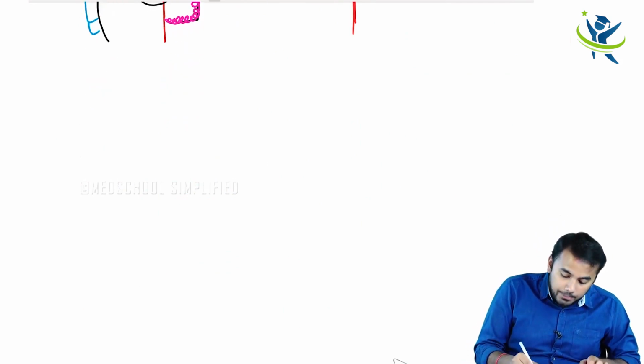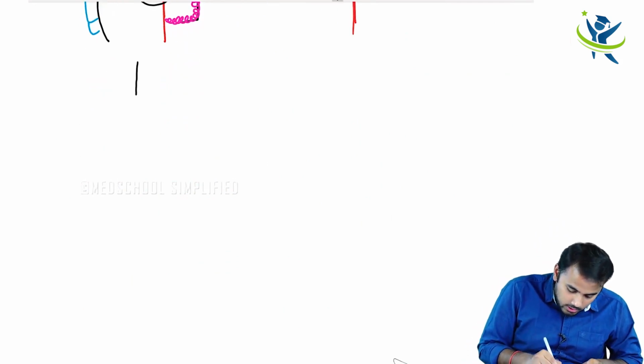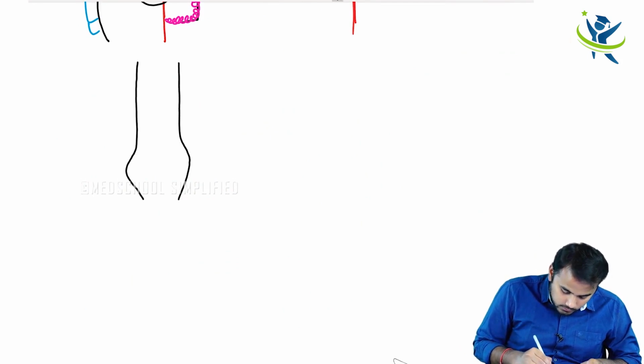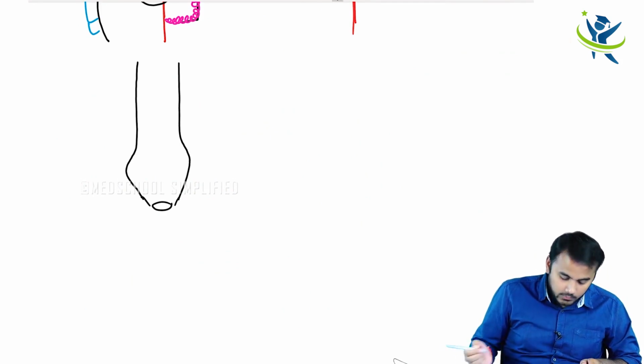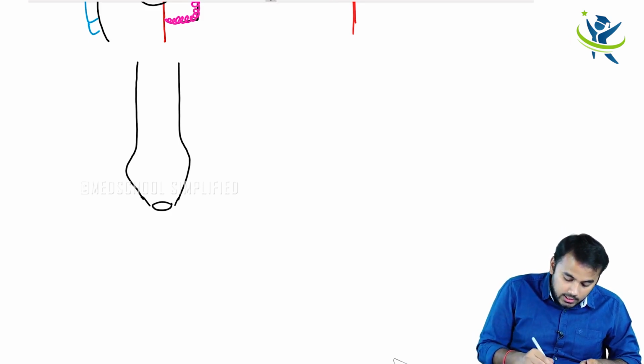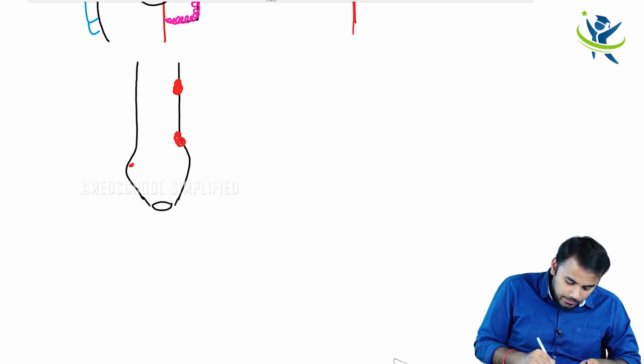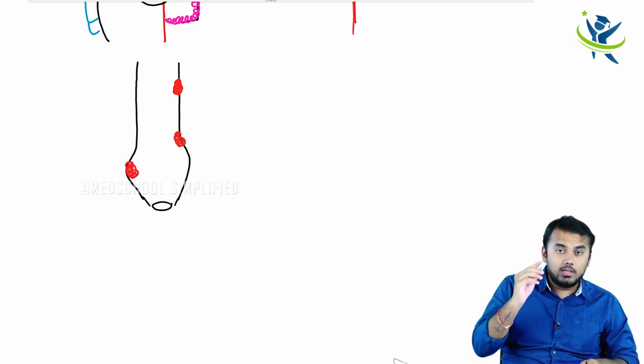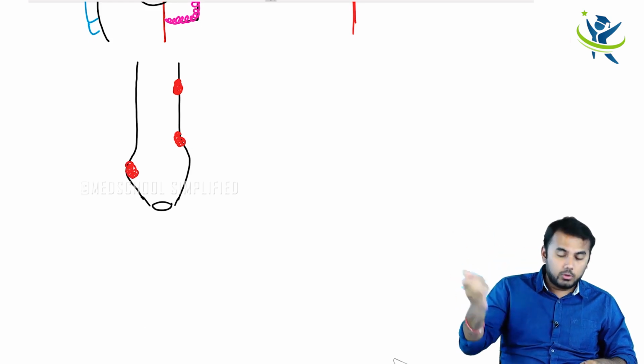Fine. So when I look at the picture of the penis, how does it look? This is the penis, and you will find damage to the penis at multiple levels. You know how the damage is happening? Because of the toxins that are released, because of the interleukins which are released.